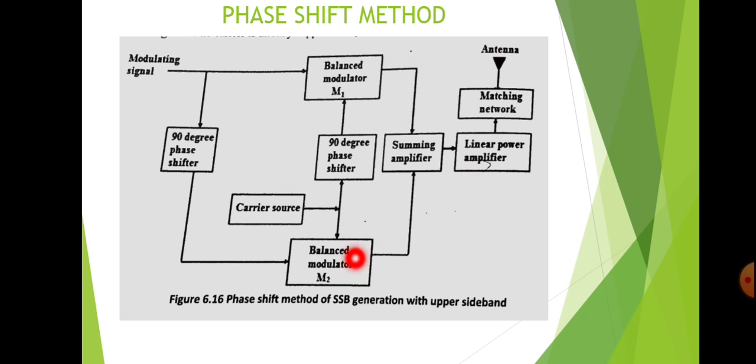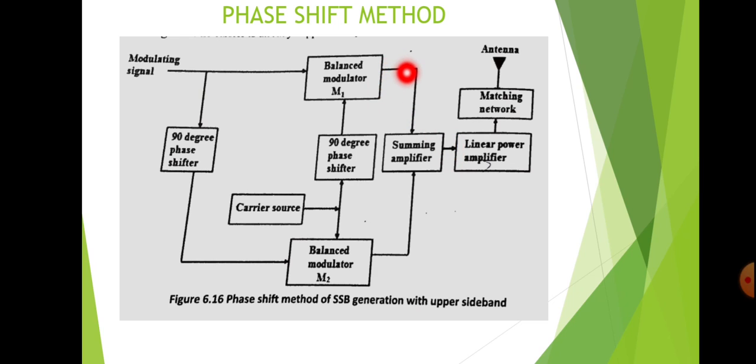In both cases the DSB-SC signal contains 90-degree phase shifted versions, but one of the sidebands will have the same phase shift, while the other sideband will be out of phase by 180 degrees. So when those signals are added at the summing amplifier, that will be cancelled out. So at the output of the summing amplifier, we will get an SSB signal.